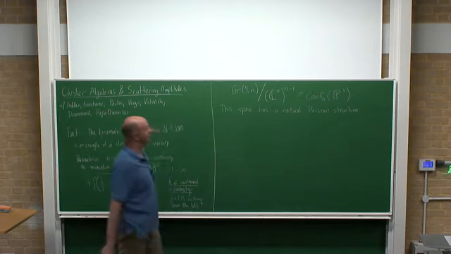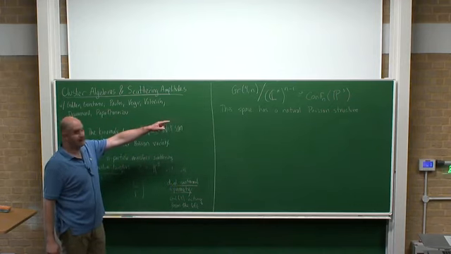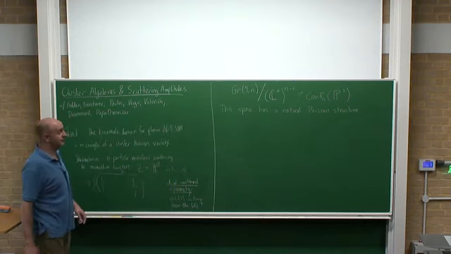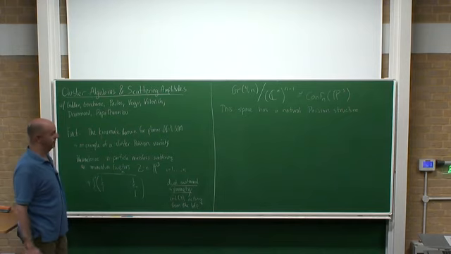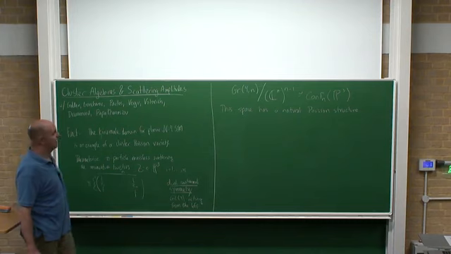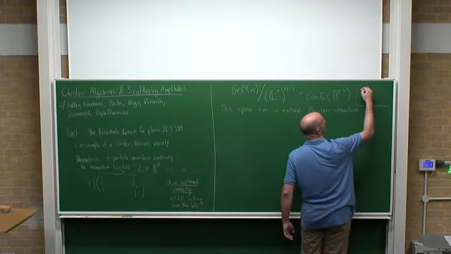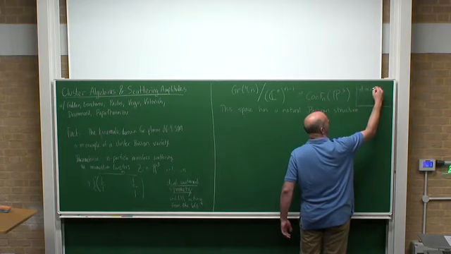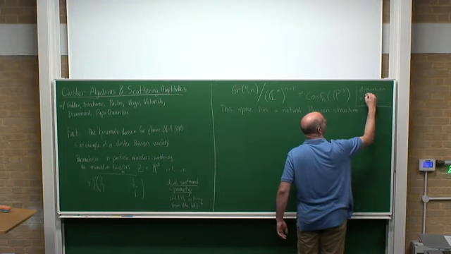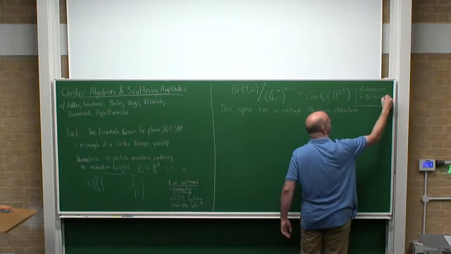There's a natural Poisson structure on the Grassmannian, and it survives the quotienting, so that space has a natural Poisson structure on it. Let me mention here, just because this will come in handy later, the dimension of this space is 3 times n minus 5.